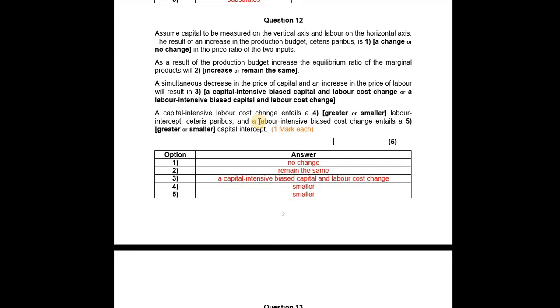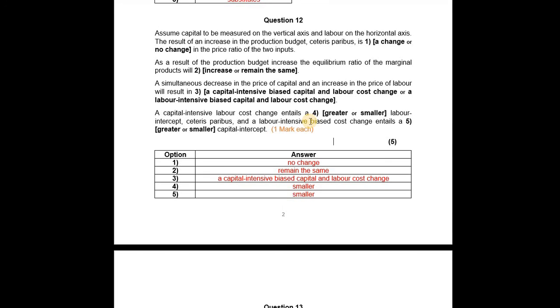So if it's cheaper for them to employ labor, then therefore the intercept for capital will be small, and intercept for labor will be high.